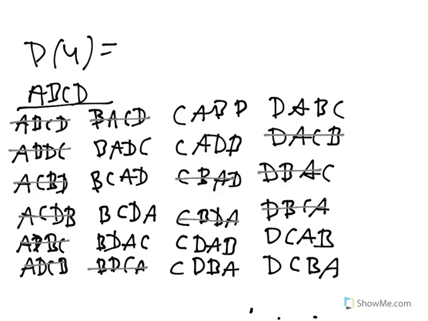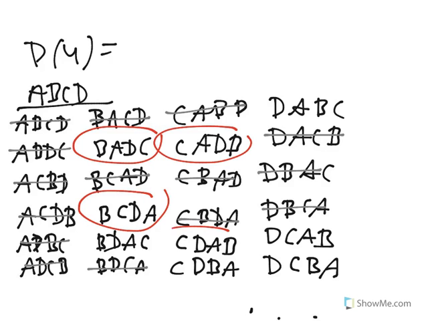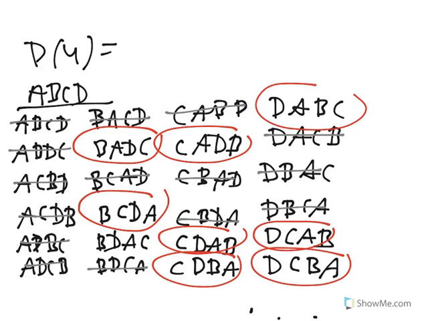And now of the guys left, I'm crossing off the guys who have D in the fourth spot. And not so many are left. 1, 2, 3, 4, 5, 6, 7, 8. Should be 9. I missed that guy. So we say that D of 4 equals 9.